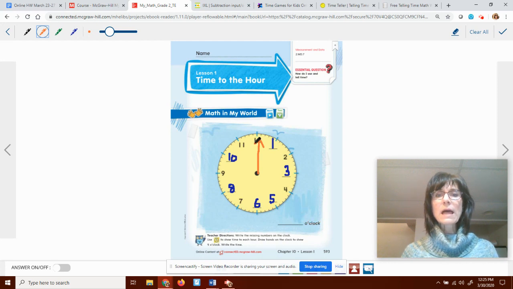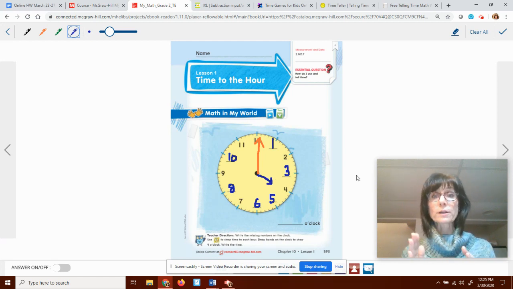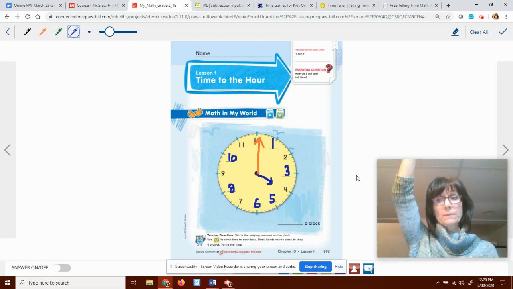Well, on our clock, our minute hand is going to be the longest hand. And the minute hand I'm going to represent in orange. The hour hand we'll use is blue. Now, what you're going to notice, as I make my little blue hour hand, is that the hour hand is much shorter. It's shorter than the minute hand.